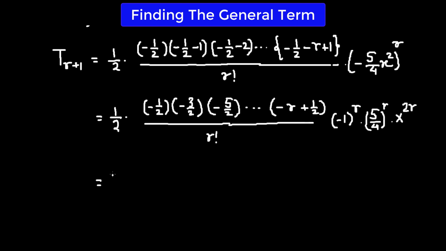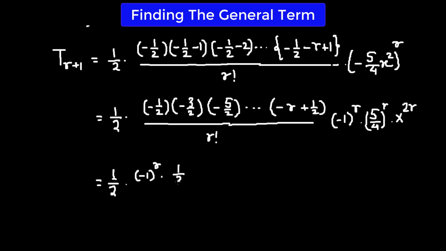So this is equal to half times, now we're going to factor out minus 1 from each of the terms. So that would give us minus 1, and we have r number of terms, so that would be simply (-1)^r.